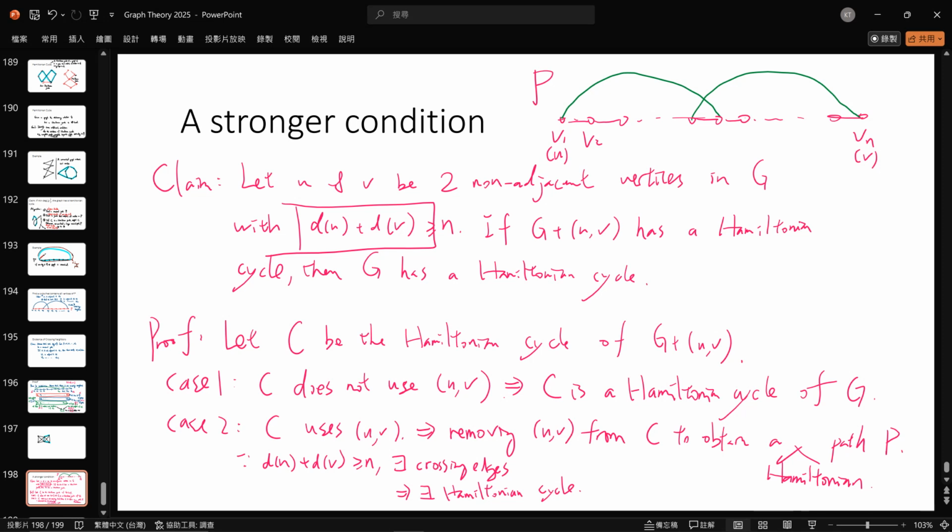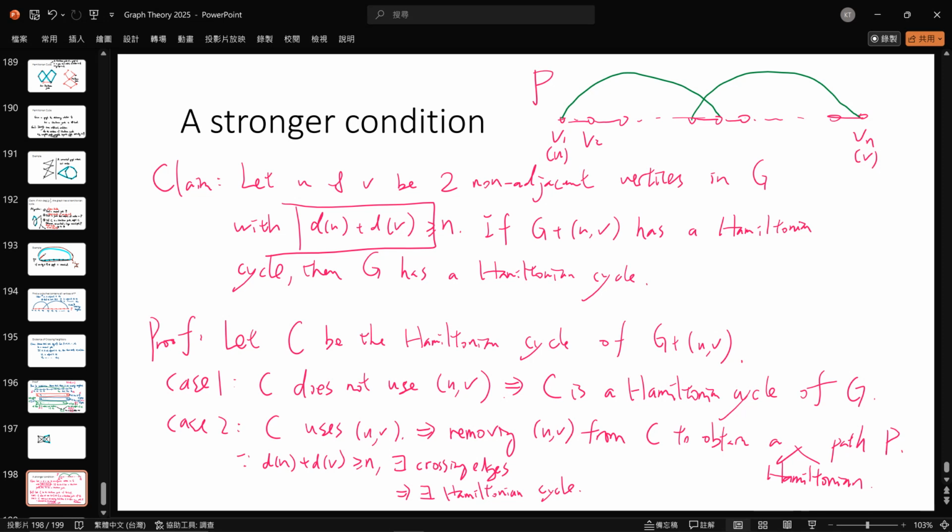The key step is to build a maximal path with endpoints u and v, and all the vertices on the graph appear on the path. But how do you get this path without the Hamiltonian cycle?